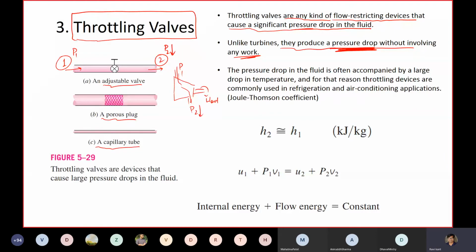So P2 is obviously lower, but we often accompany it with some work output in the turbines. But in the throttling valves, we do not get work output. Also, these devices are not accompanied with any sort of heat transfer. So these two things happen with throttling valves.